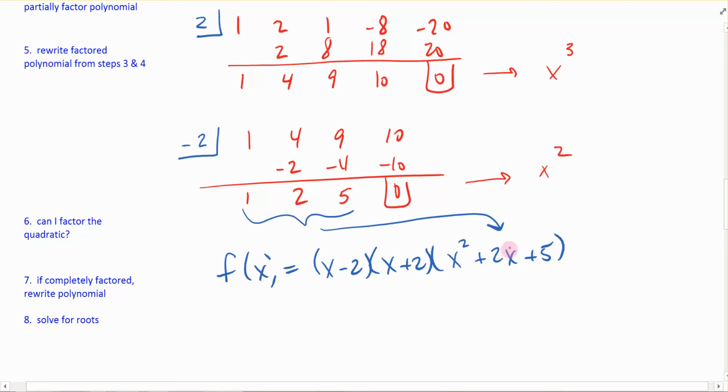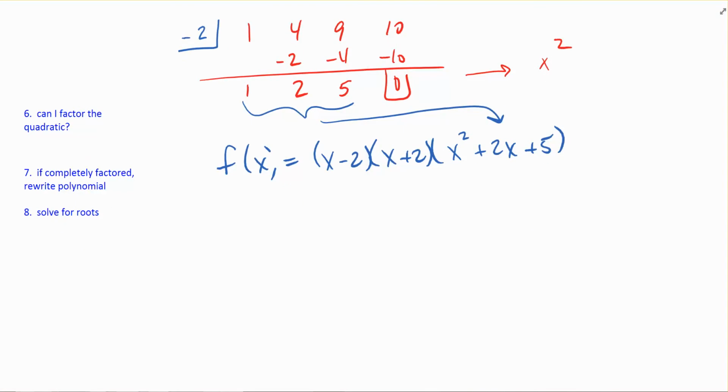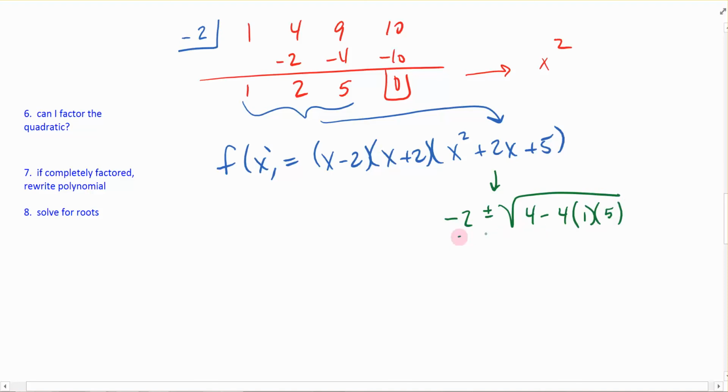So that tells me that I have to use the quadratic formula on this section to simplify this further. Remember the quadratic formula looks like -b plus or minus the square root of b squared minus 4 times a times c, divided by 2a.